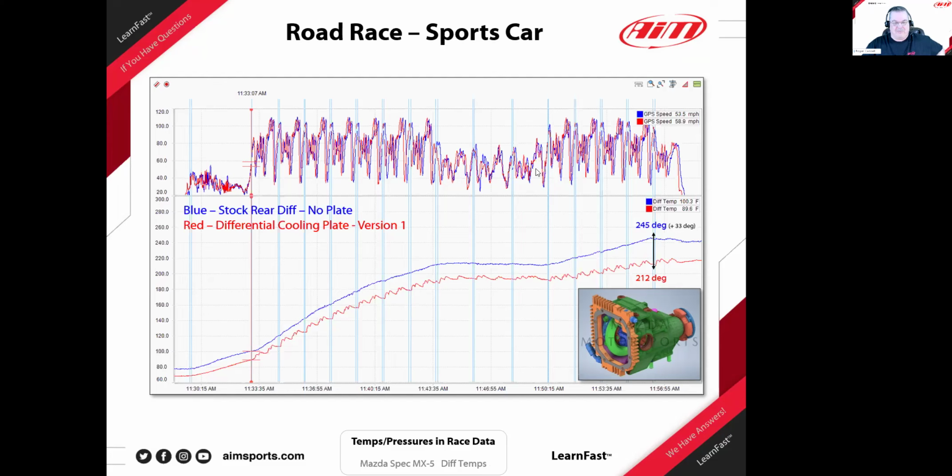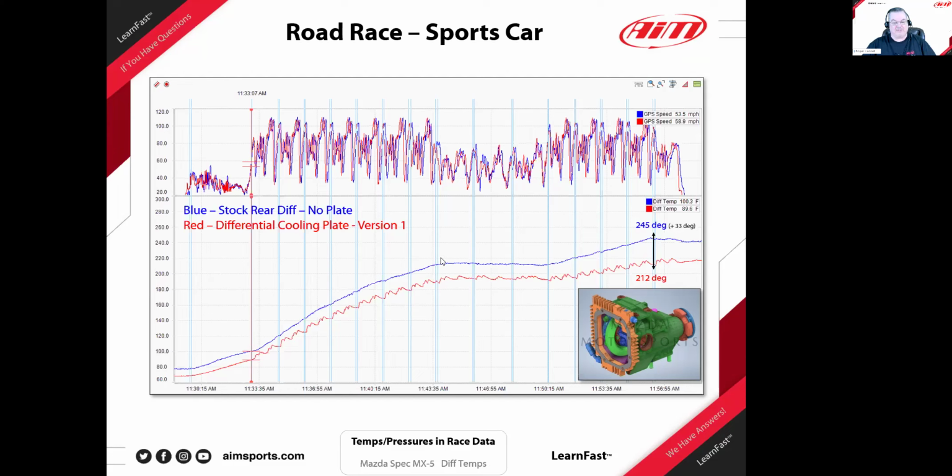The interesting thing here in the middle was a full course yellow, 3 laps of full course yellow, and interesting to see how the temperatures would go. I would have thought the temperatures would have started to drop a little bit, but they just held their own, running around at 45, 50 miles per hour. So kind of interesting that especially the red one held its own.